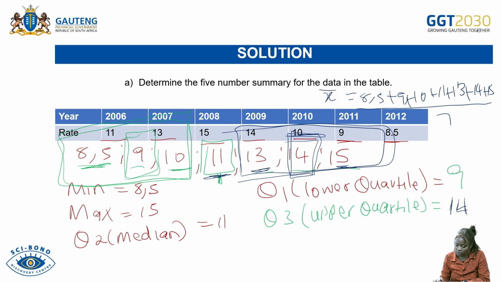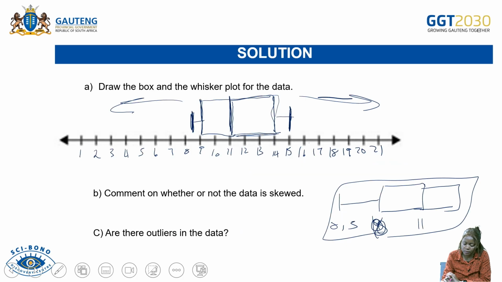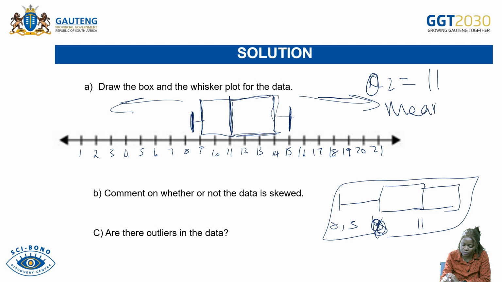Just put everything in your calculator. I am getting 11,5. So my median, it's 11. Let's go back. Your median, your Q2, it is 11. And then your mean, it is given as 11,5.